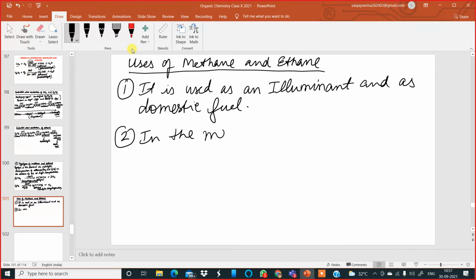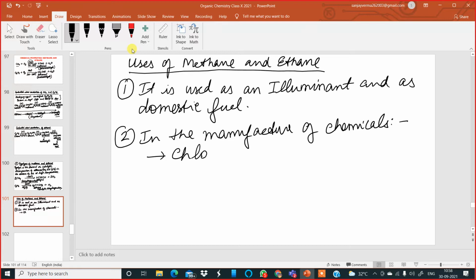It is used in the manufacture of chemicals. The chemicals can be chloroform. The formula is CHCl3. Chloroform is used as a solvent also. It is used in waxes. It is used as an anesthesia also.